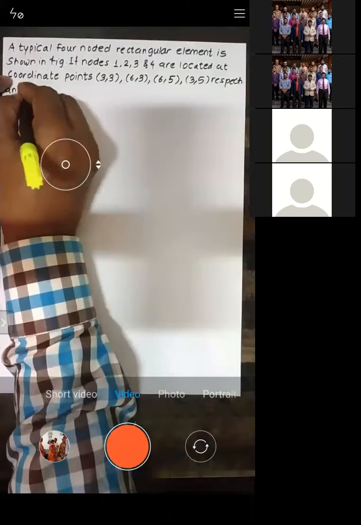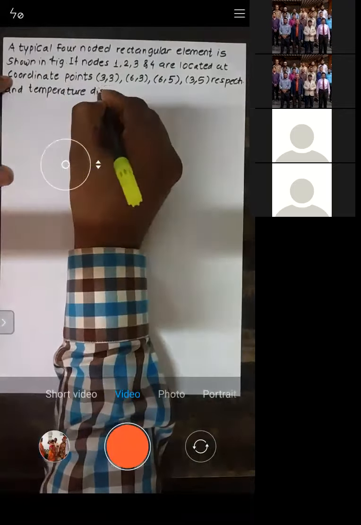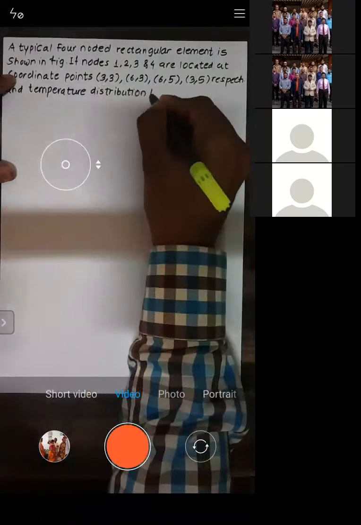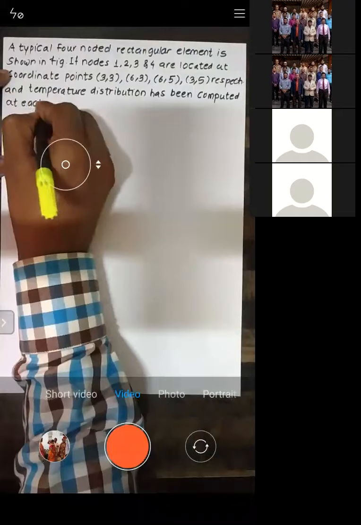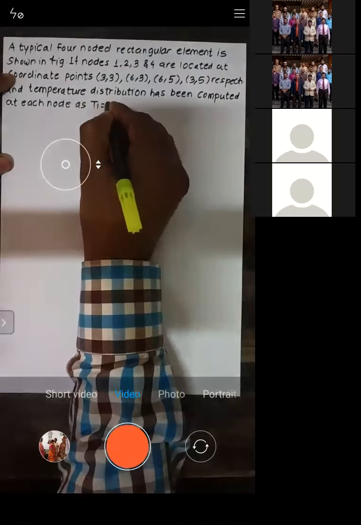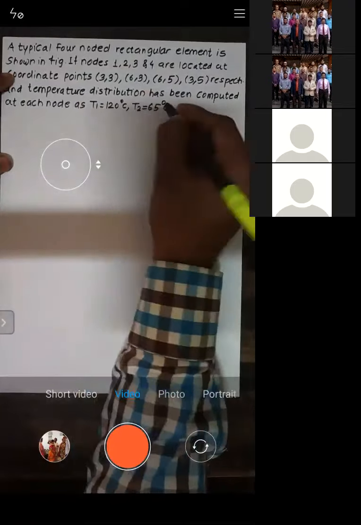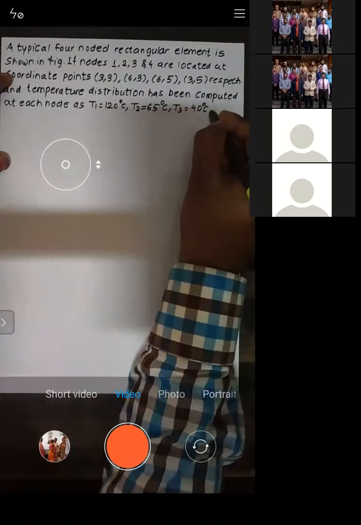and temperature distribution has been computed at each node as T1 is equal to 120 degrees Celsius, T2 is equal to 65 degrees Celsius, T3 is equal to 40 degrees Celsius, T4 is equal to 80 degrees Celsius.